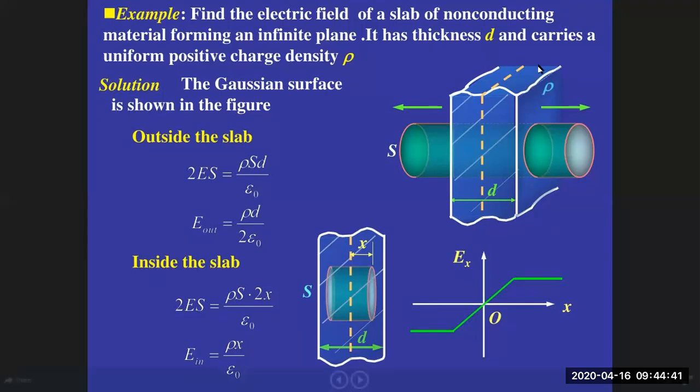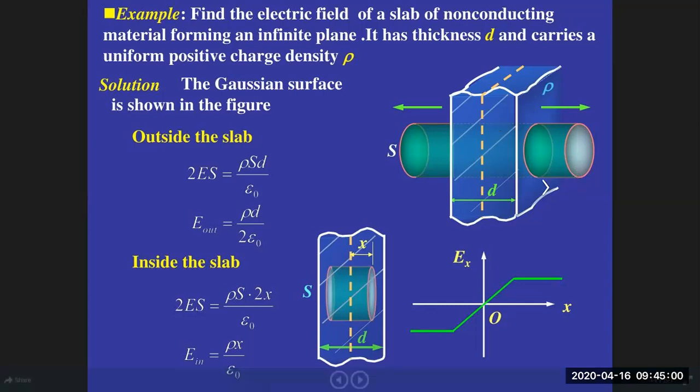So say this is a slab which has thickness D and carries a uniform positive charge density over it. In this case, what will be the electric field? All the things are similar to the previous case.